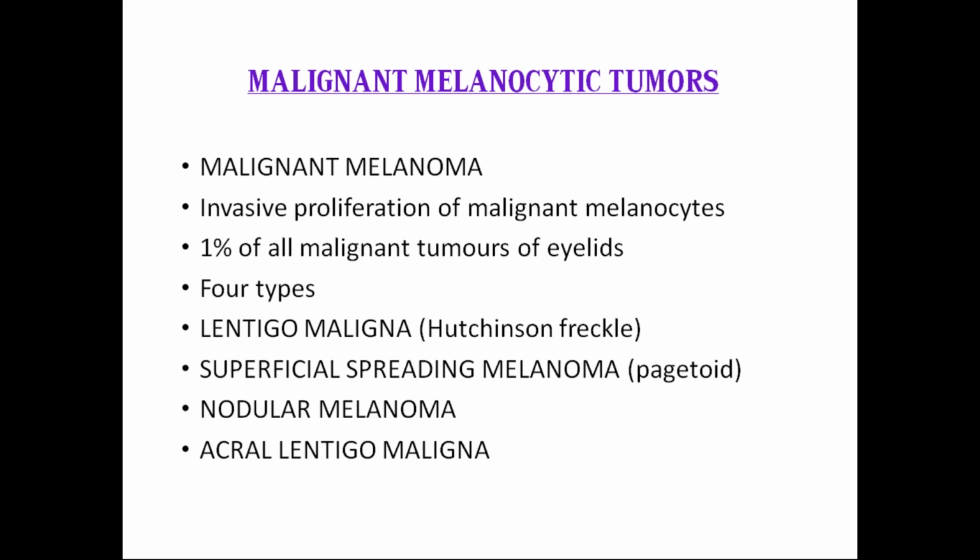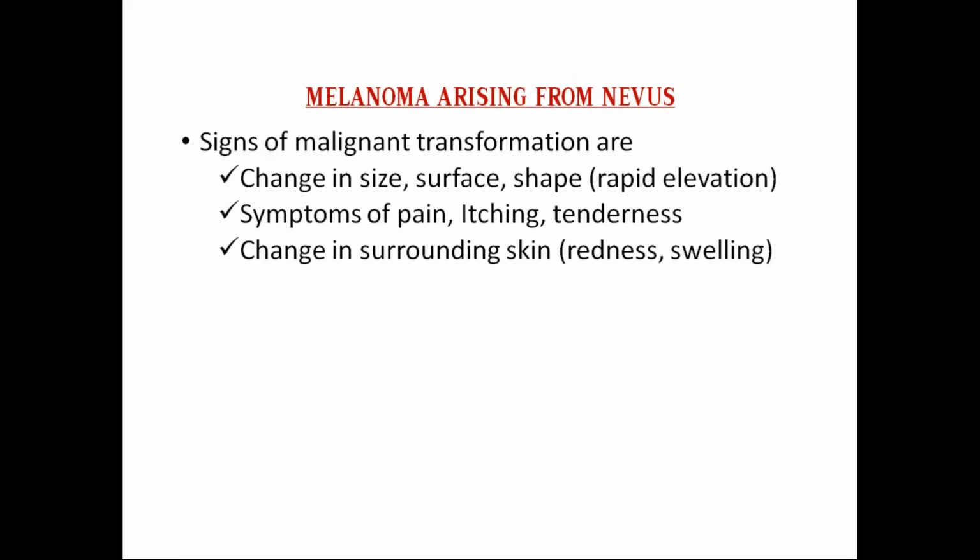Usually there are four types in that: lentigo maligna, superficial spreading melanoma, nodular melanoma, and acral lentiginous melanoma. You don't have to go into all these details, but just remember that the malignant variety of pigmented tumor in the lid is melanoma. Usually these benign nevi transform into melanoma. So what are the signs?